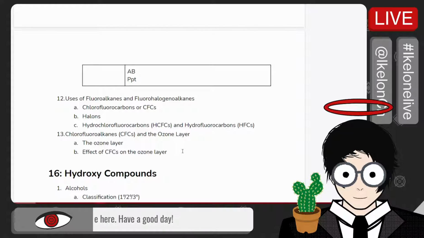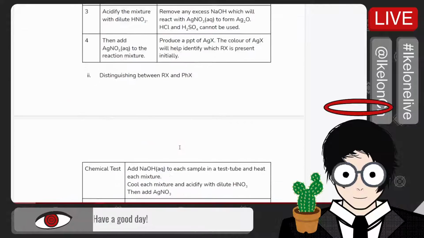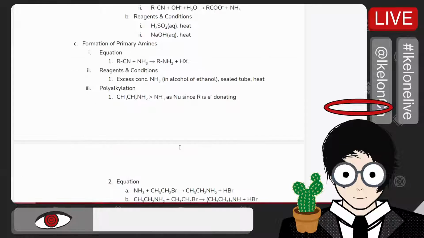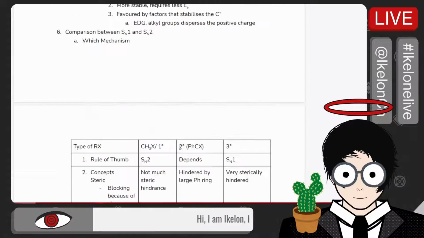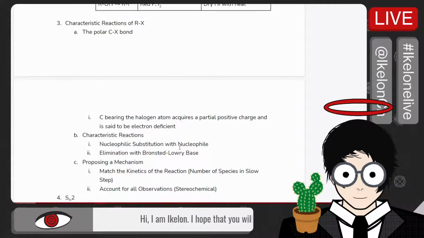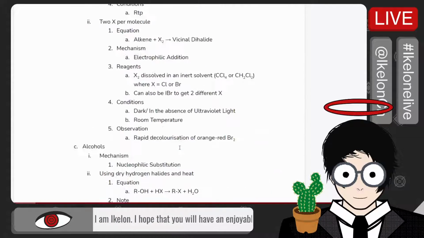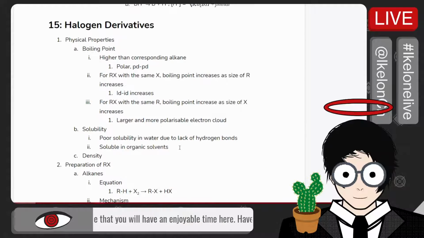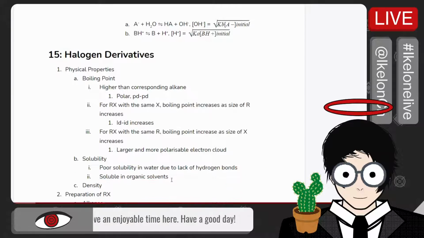They will test it, but I don't think it's that extensive, so just read a little bit. I'm pretty sure it's quite easy to remember. It's a little bit of common sense and chemical intuition mixed in. So this will do it for our halogen derivative revision.